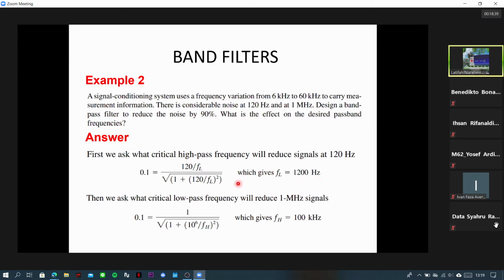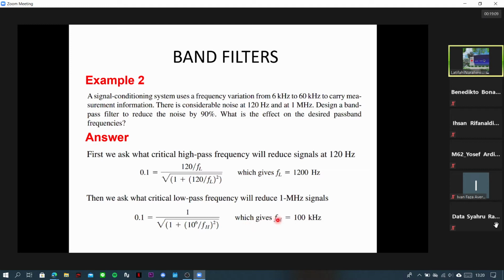And the other way around, don't get confused. In the low pass filter, we remove the high frequency. Because we want to remove the high frequency, the critical frequency now becomes the higher frequency limit. The noise that we want to consider is 10 to the power of 6.